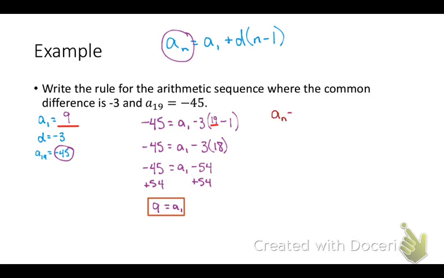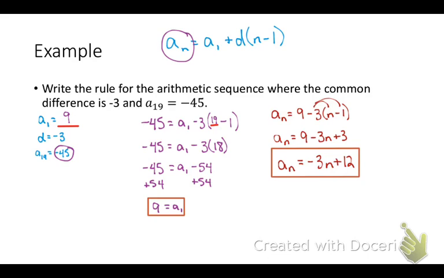Write a sub n equals, now what number am I going to put in for a sub 1? 9 minus 3 times n minus 1. Distribute. A sub n is equal to 9 minus 3n plus 3. So a sub n is equal to negative 3n plus 12. There is my rule.